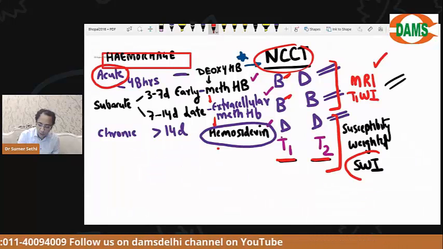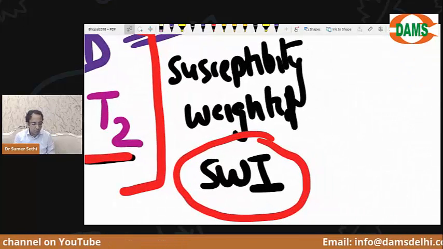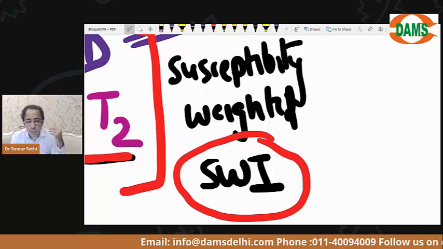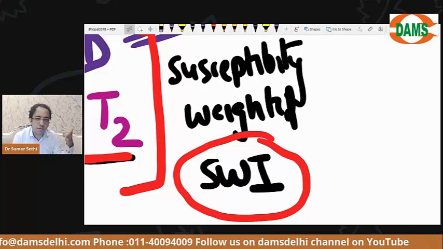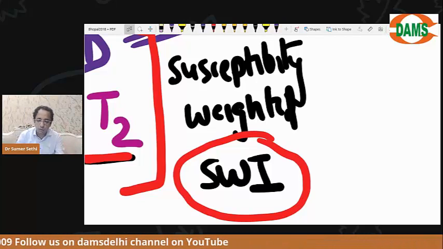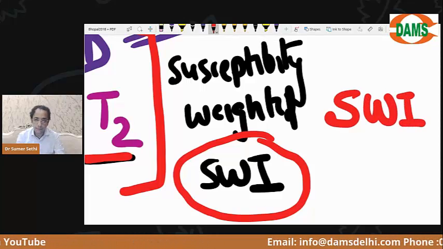So we do a special kind of MRI technique called susceptibility weighted imaging. Now answer, which special MRI sequence is used in brain hemorrhage to look for hemosiderin deposits? Susceptibility weighted images. In your exams, they will write SWI.